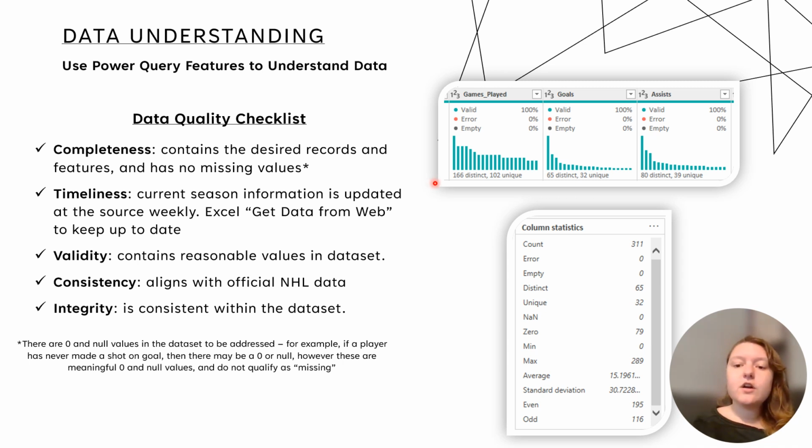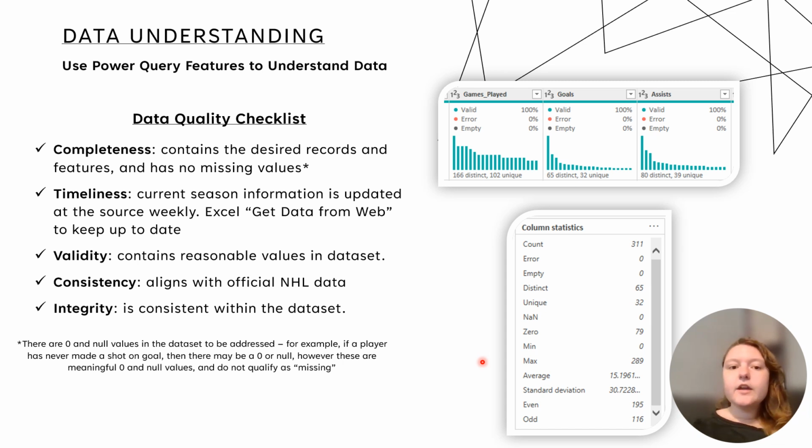And then when you click on a column and check the Column Statistics button in the fields at the top, you get these statistics right here for each column. You can see how many rows there are. Again, you've got your errors and empties, distincts and uniques, so you can see whether there are any duplicates in there. You've got your not-a-numbers, how many are 0, and then your average and standard deviation as well.